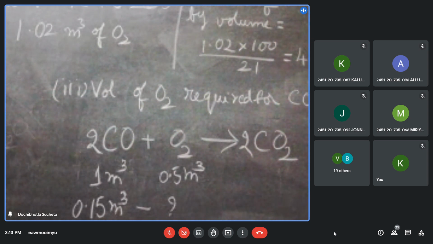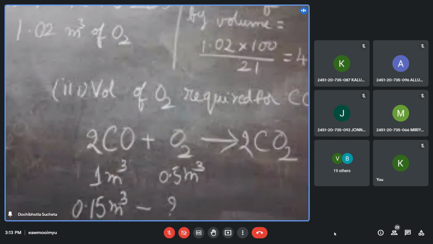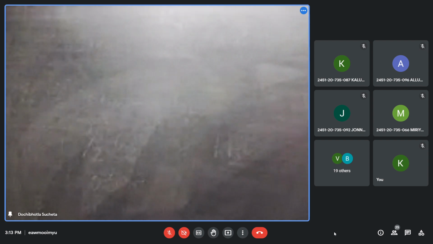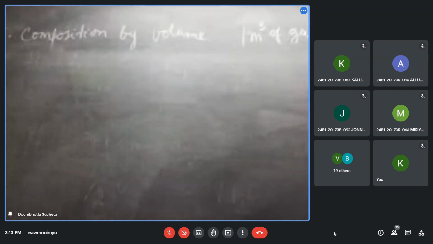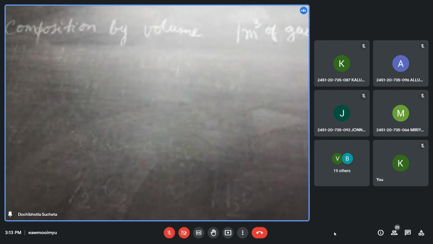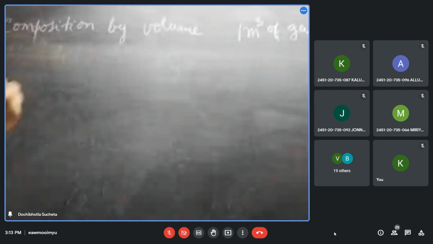Carbon monoxide 25%. H2 10%. Carbon dioxide 10.8%. N2 50.7%.